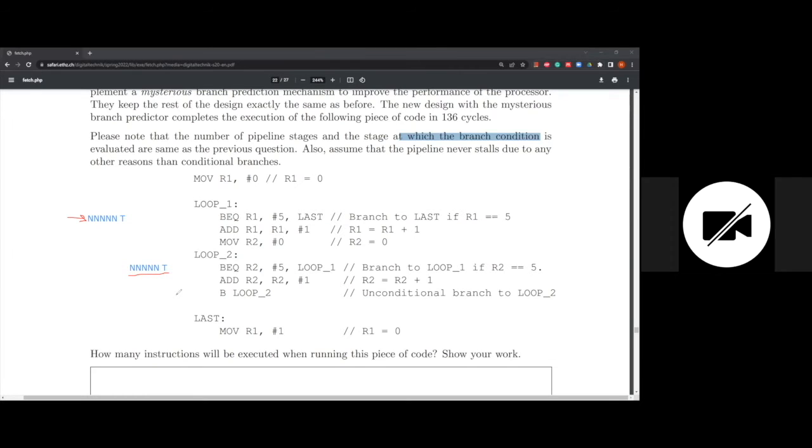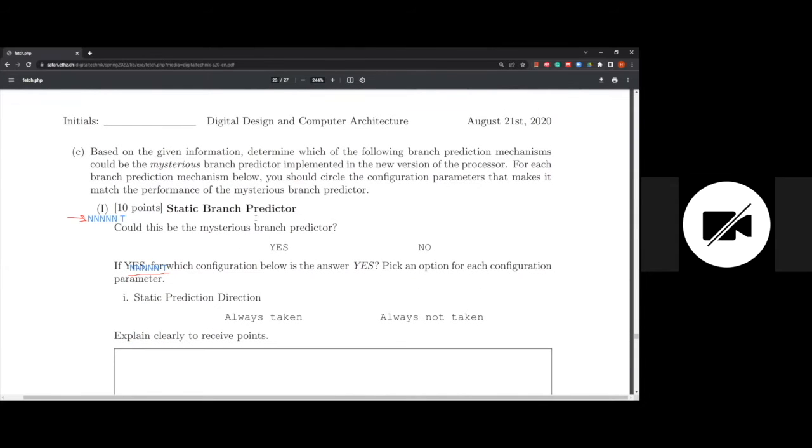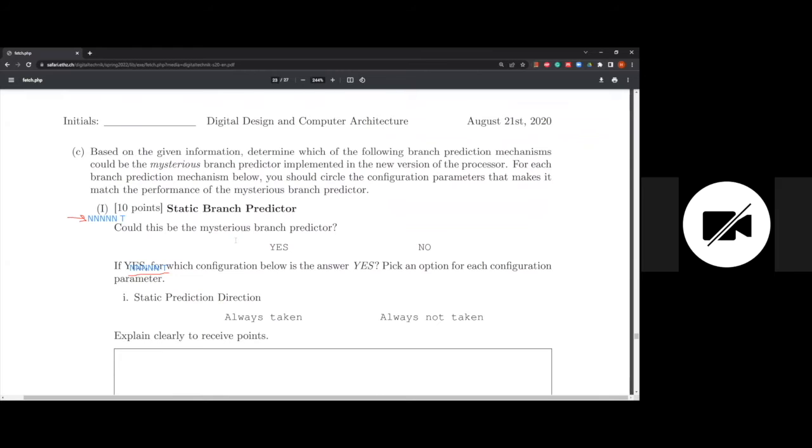So for each single execution of the first branch, we will execute the second branch 6 times, and the outcomes of these 6 executions will be 5 times not taken, followed by 1 time taken. Okay, cool. So these are basically the branch outcomes that we will need to consider in the rest of the question. And it is good that this text moves as I scroll, because we can refer to these outcomes as we answer the questions.